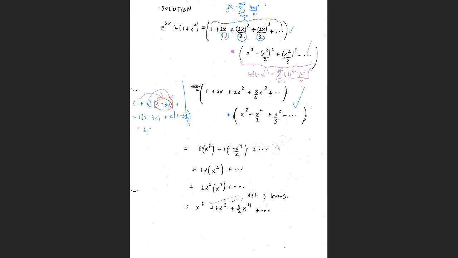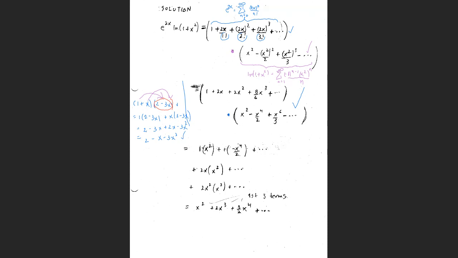And that would get you 2 minus 3x plus 2x minus 3x squared. Okay, and that'll get you 2 minus x minus 3x squared. Let me just see one moment here. Yeah, that's right. So I didn't do FOIL there.